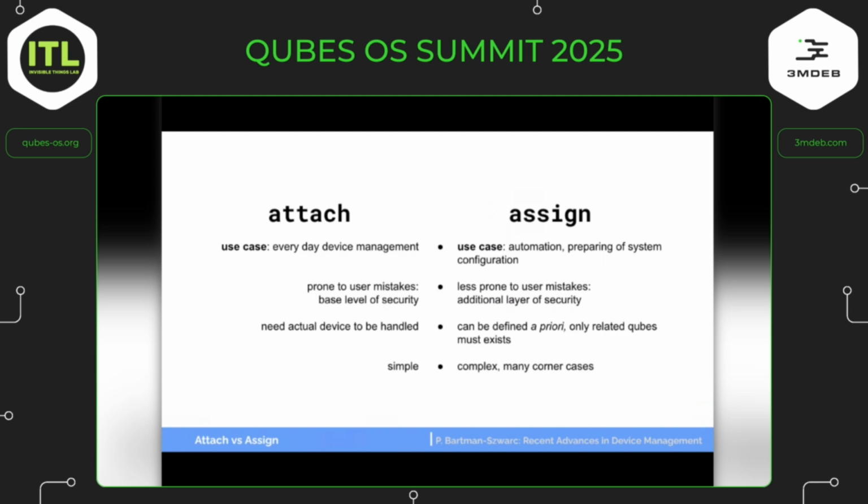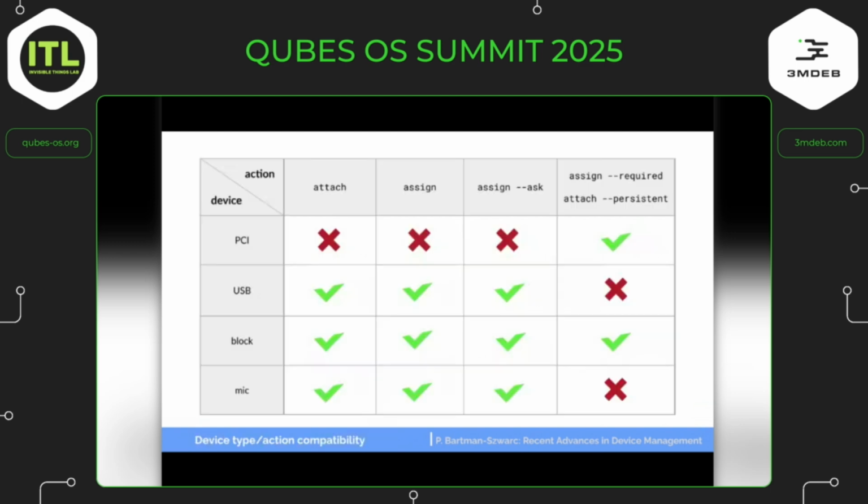But if you are thinking about daily usage of device management, you think about attachment. In general, assignment is more complex, and there are many corner cases and probably still some bugs to fix there.